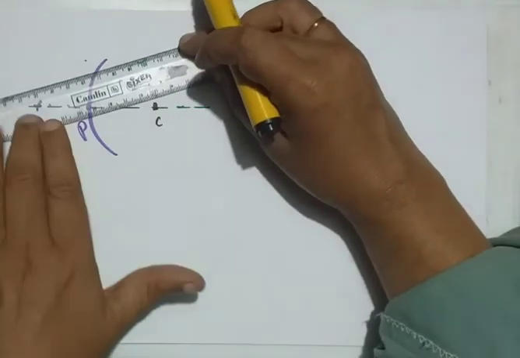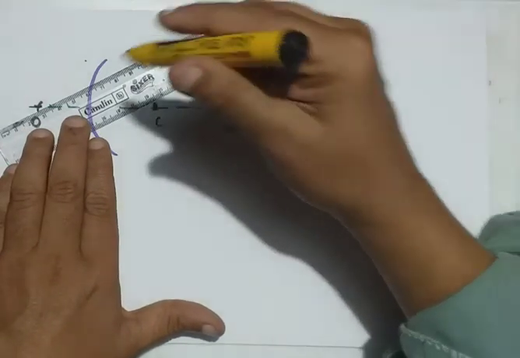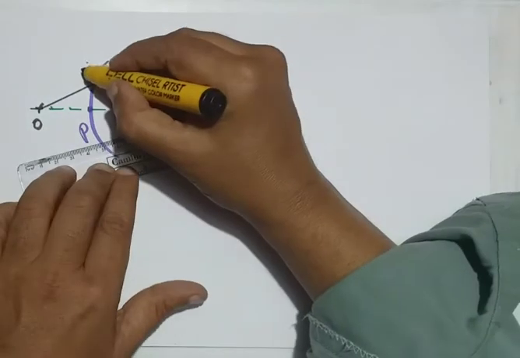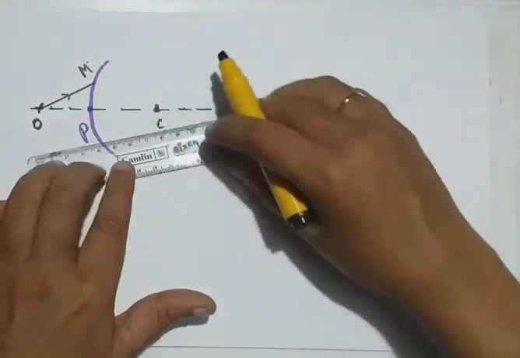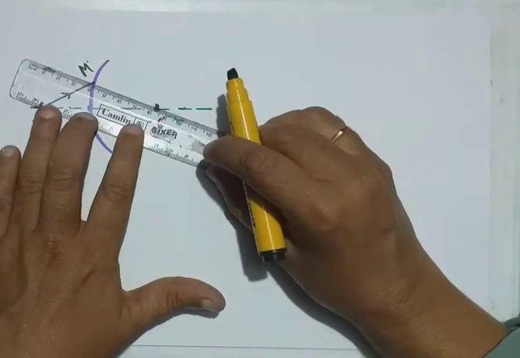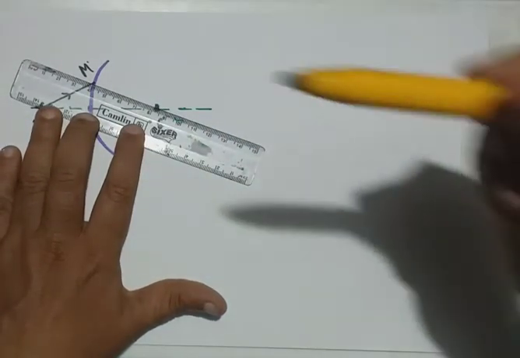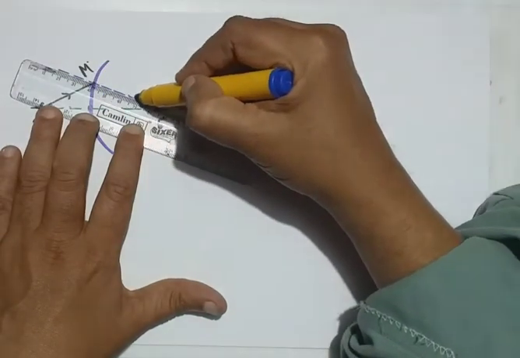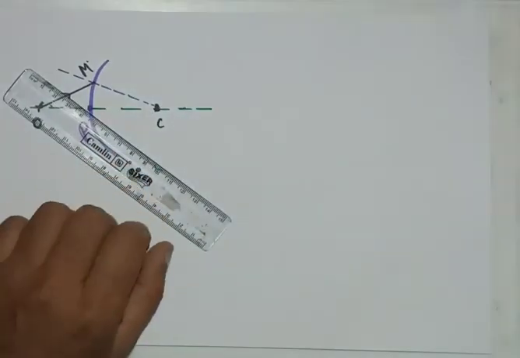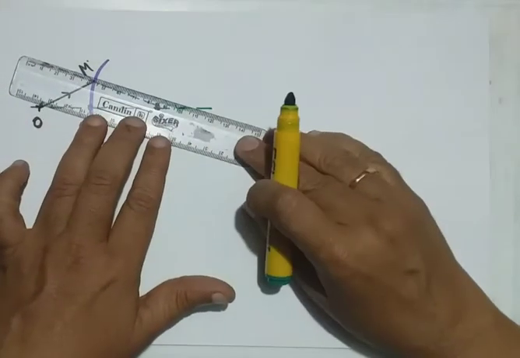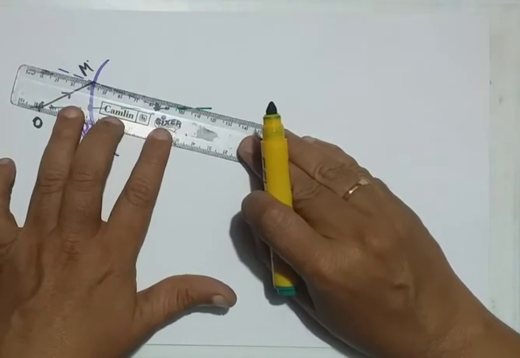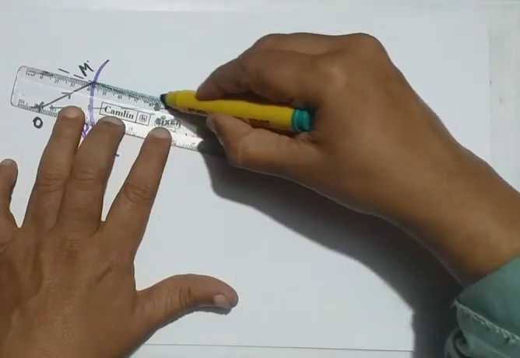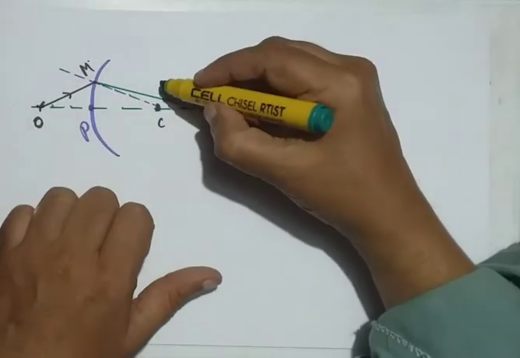We draw an incident ray like this. It is incident at M, say. Now the normal is written like this. This is the normal. Now the ray bends towards the normal. This is the refracted ray.